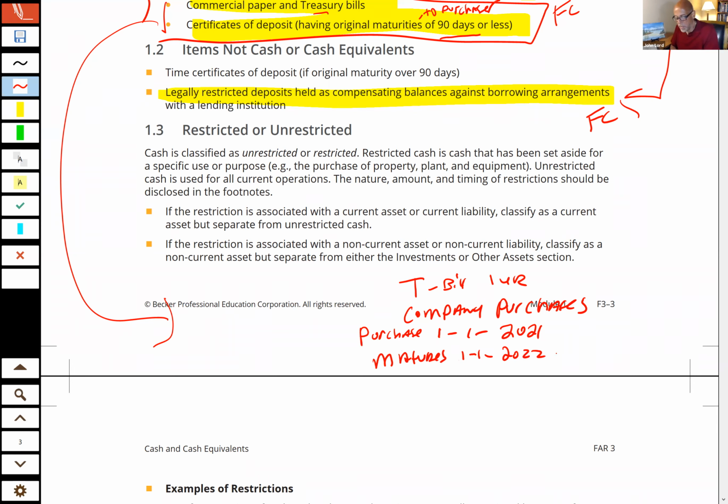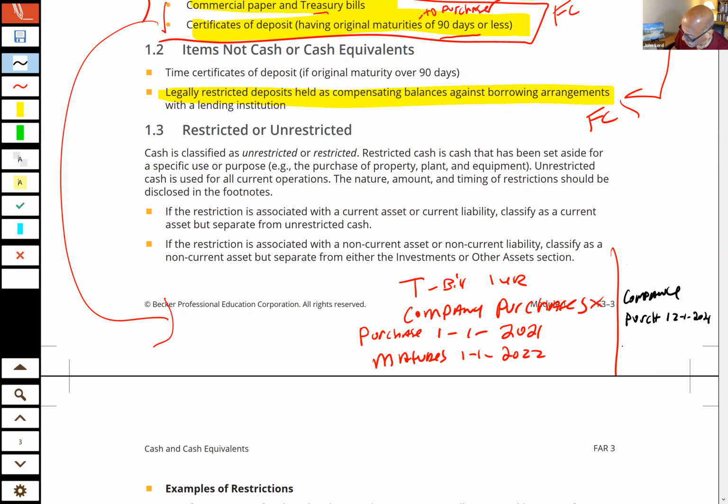Okay, now that is how that would look. They purchase it. Now, company Y has the same 1-year T-bill, but company Y purchases it on 12/1/2021.